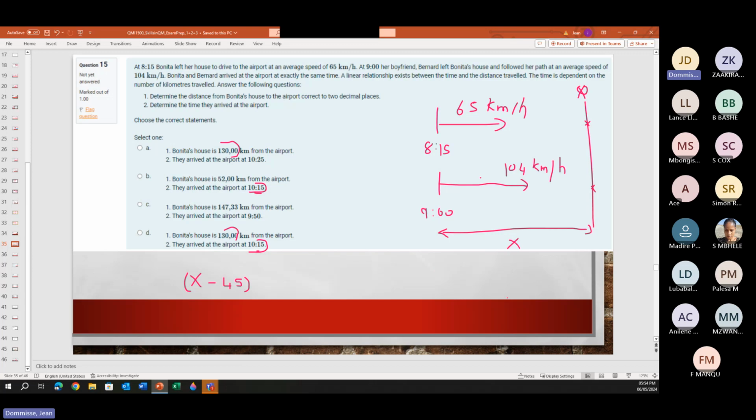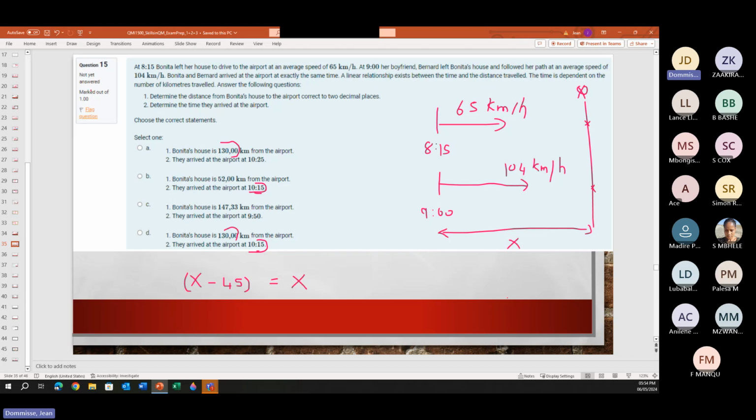So the one will be x, and just go with my thinking and say if I'm thinking wrong because of the kilometers per hour. X minus 45 will be equal to x. So that is the time. Bring in 65, bring in 104. Will that give us the option?